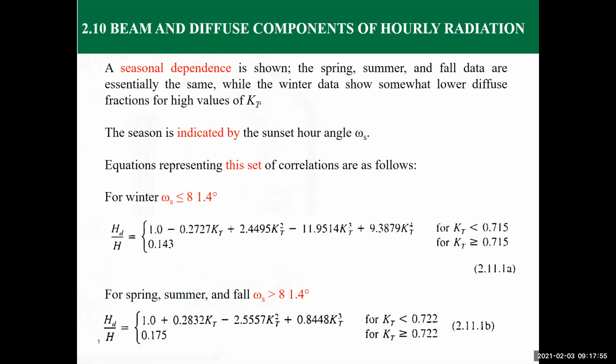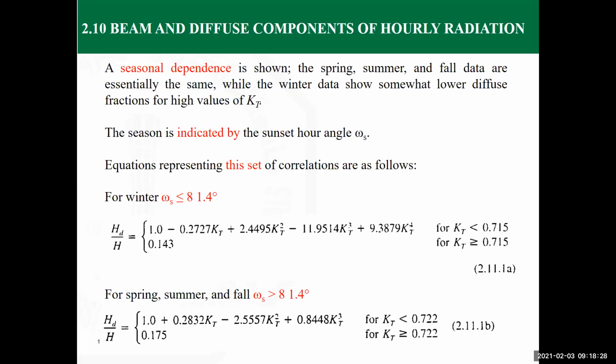What he came up with, you can see here in this figure: the ratio between HD and H can be given by the upper equation for WS, the sunset angle, less than 81.4, and the values are given here for different values of KT. For spring, summer, and fall, in which WS is greater than 81.4, the values of the ratio HD over H can be given by this equation.